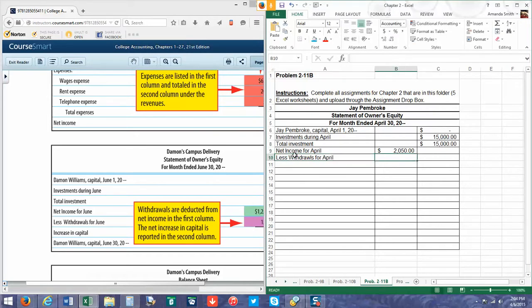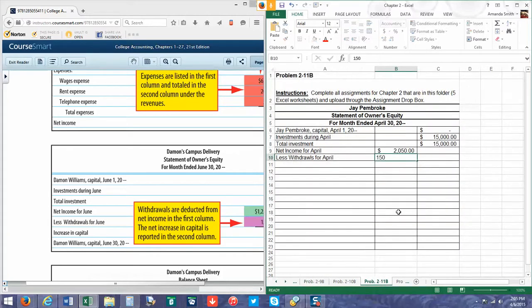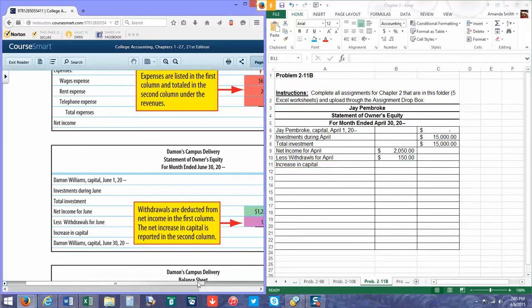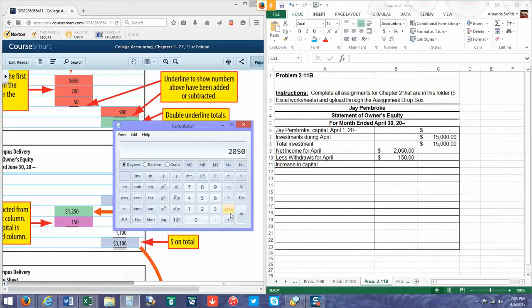So again, we're going to go to 2-9. Look at the drawing account. Scroll down. The owner took $150 out, which is going to give us our increase in capital. Make sure we put it in the correct location. To figure out the increase in capital, we're going to take our $2,050, subtract $150, which gives us an increase in capital of $1,900.